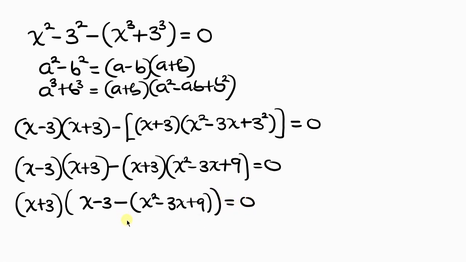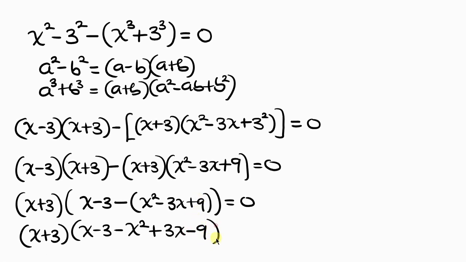Our next step will be for us to open up this inside bracket using this negative. So we have x plus 3 times, this is x minus 3, now minus x squared. The negative times negative gives positive, which is 3x. And the negative times positive is negative 9. And this is equal to 0.